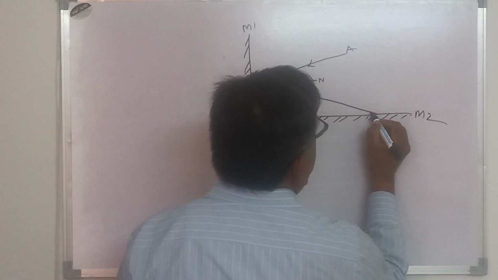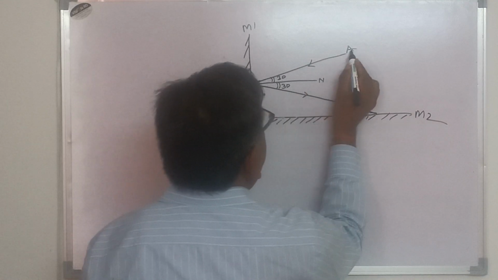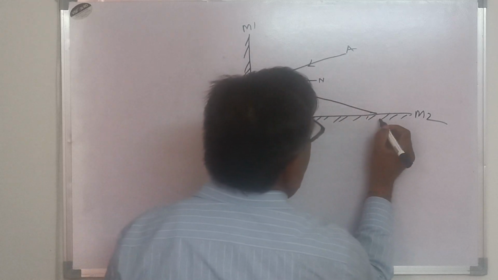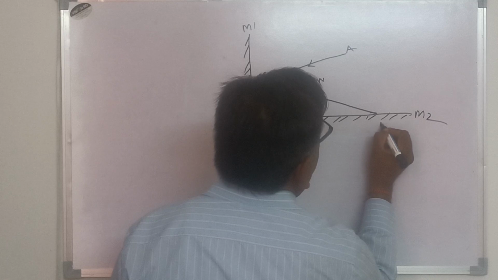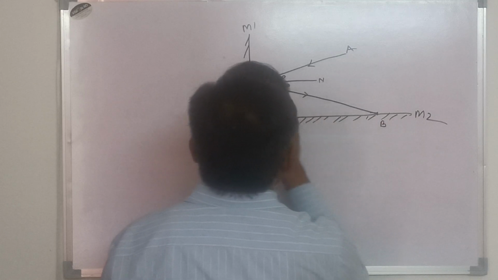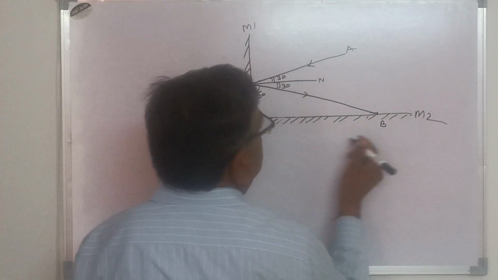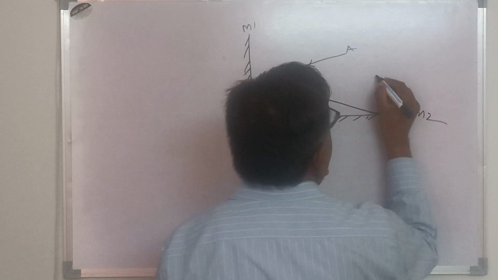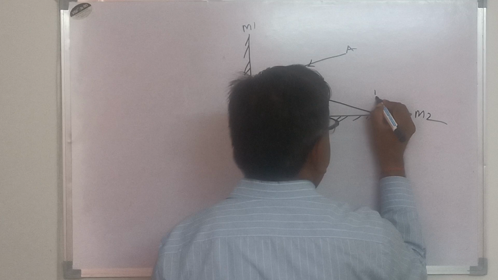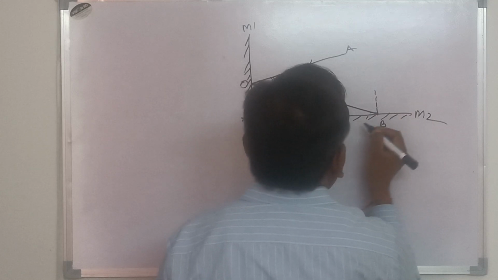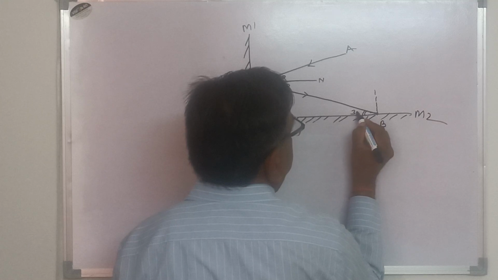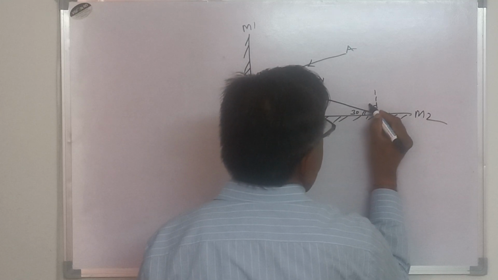Now take the normal, the incident ray AO at 30 degree, and the reflected ray OB. Take the point B. OB is the reflected ray from mirror M1. It strikes M2 here, so take the normal here. Now this is 60, this 90, so this will be 30, this will be 60.